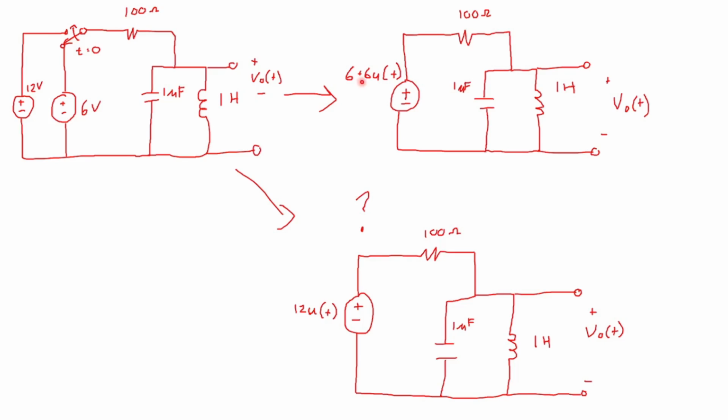And so the way to resolve this is that when you look at a table of Laplace transforms, some Laplace transform tables will tell you that the Laplace transform of 1 is 1 over s. And some Laplace transform tables will only tell you that the Laplace transform of u of t is 1 over s.